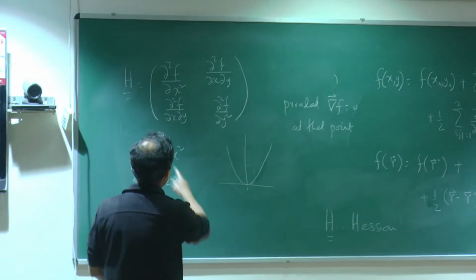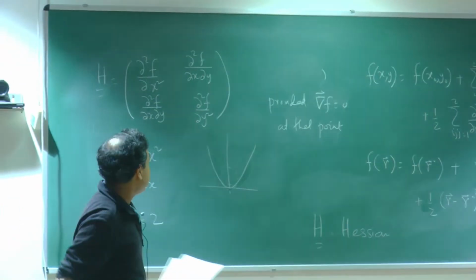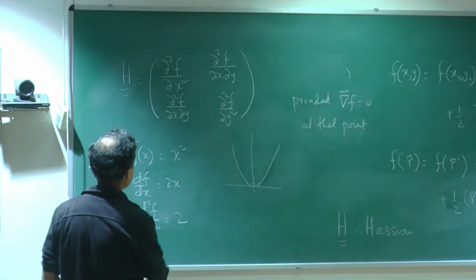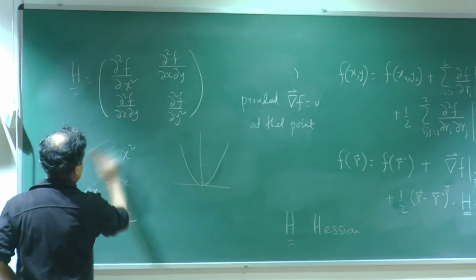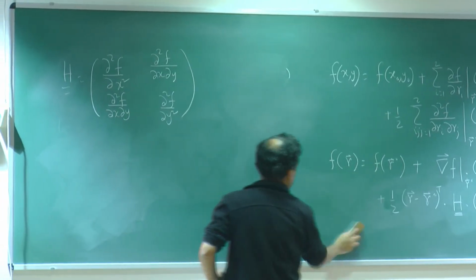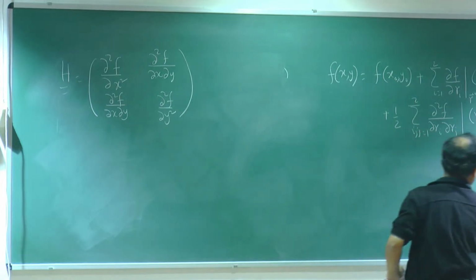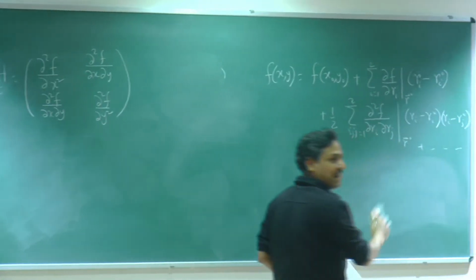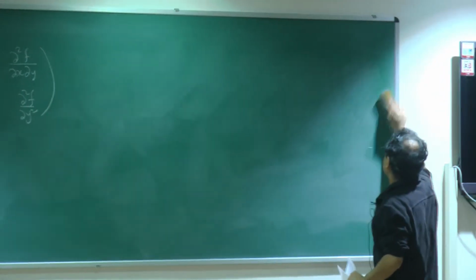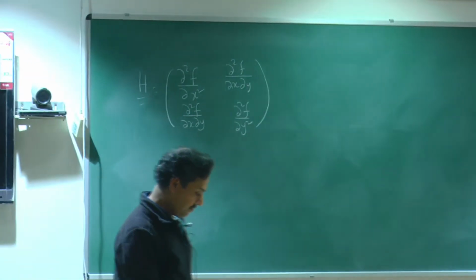So I have this Hessian, which is a 2 cross 2 matrix. The first thing that I note about this matrix is the following. Okay, I can take this off, and in fact, I can get rid of all of that stuff. It's anyway some bad looking expression. And I have this, which I put on the board.